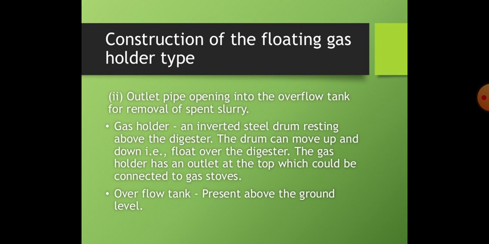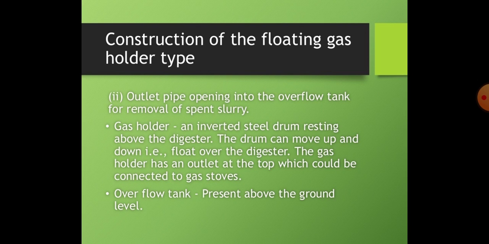Gas holder or drum, we can call it a drum, an inverted steel drum resting above the digester. As in the fixed dome type the dome was fixed, here there is a steel drum which is resting above the digester, and the drum can move up and down, that is, float over the digester.